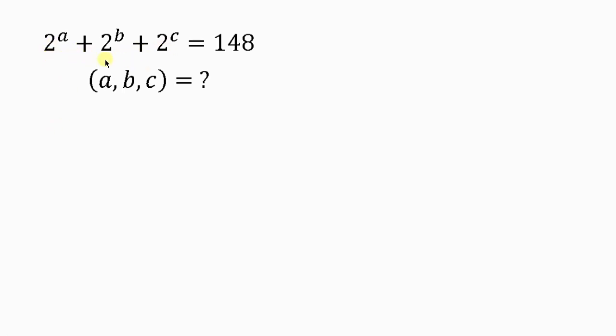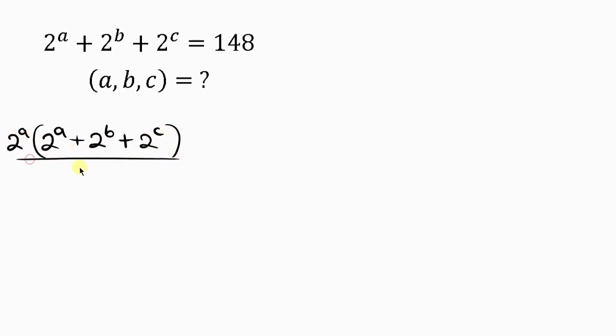Well, our first step will be for us to multiply and divide the left-hand side by 2 to the A. So on the left-hand side, I have 2 to the A plus 2 to the B plus 2 to the C. Remember, I'm multiplying the left-hand side by 2 to the A, and I'll also divide it by 2 to the A, equal to 148.